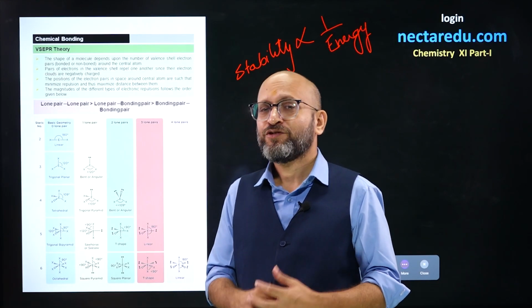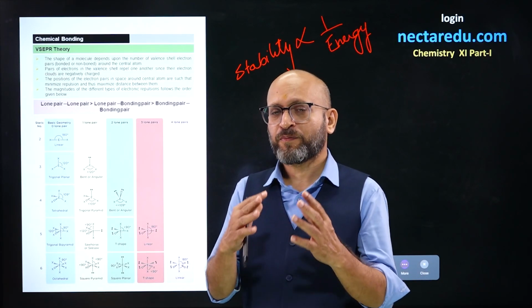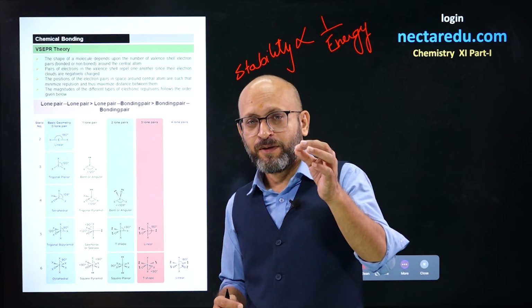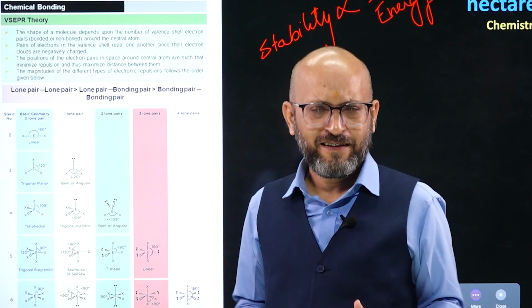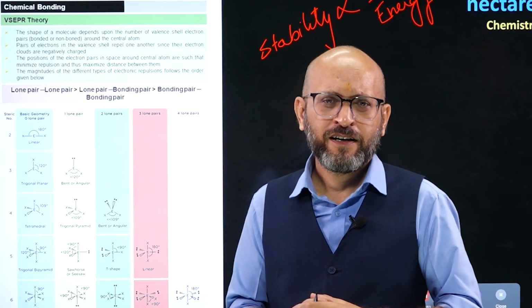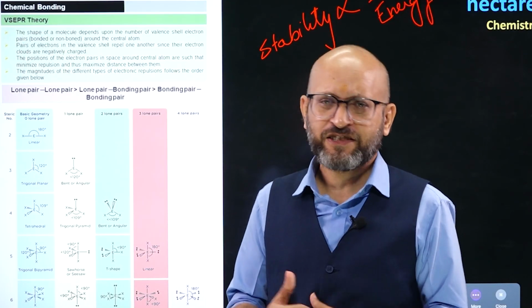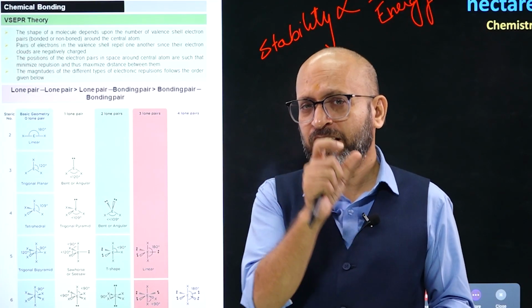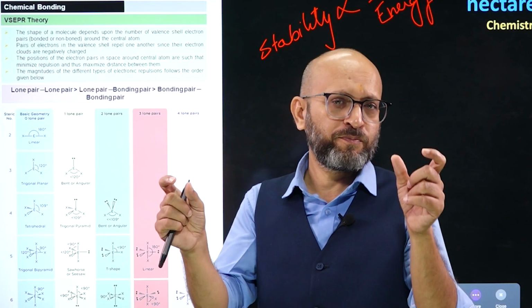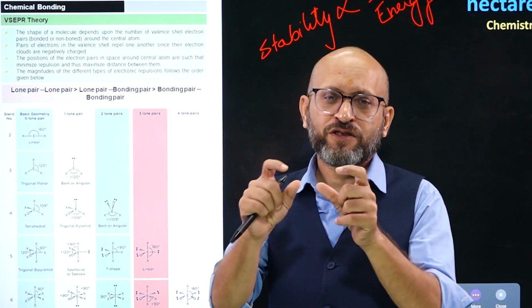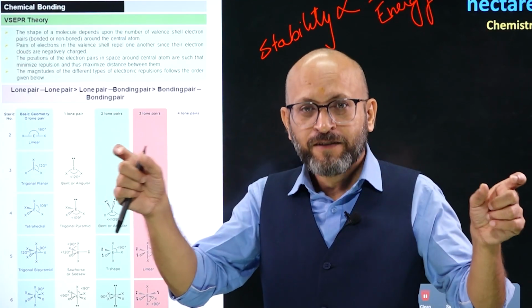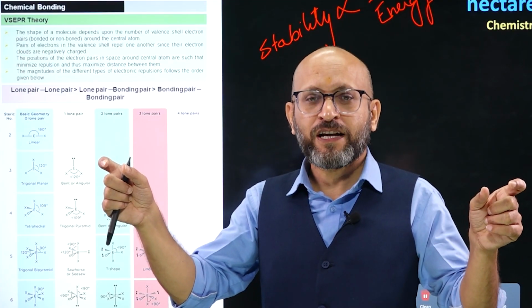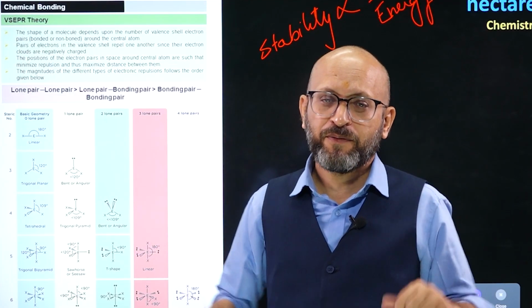Now for that you need to understand what types of repulsions are there and which one will be more and which one is going to be less. In molecules we have observed repulsions of three basic types: lone pair repulsion, where a lone pair on one atom and a lone pair on another atom repel each other, and that is maximum. So atoms having lone pairs are put far apart so that lone pair repulsion is minimum.